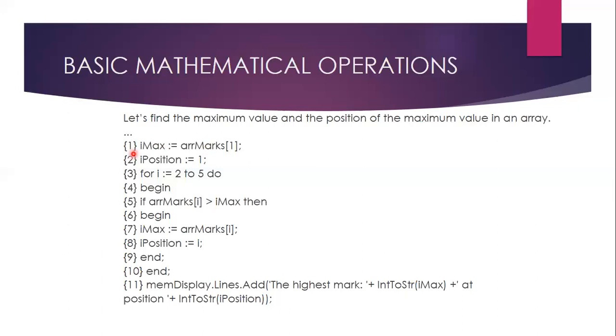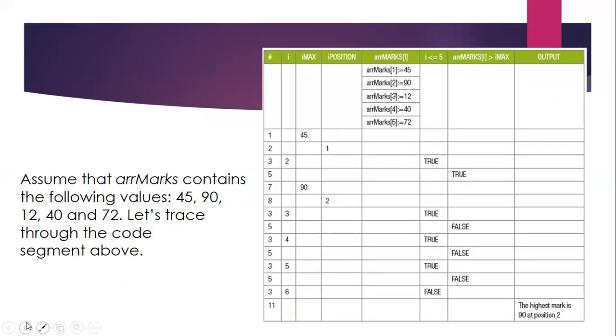These numbers over here represent the lines in the trace table. I'm going to quickly jump to the next slide so that you can see the trace table, and then we are going to work through it.